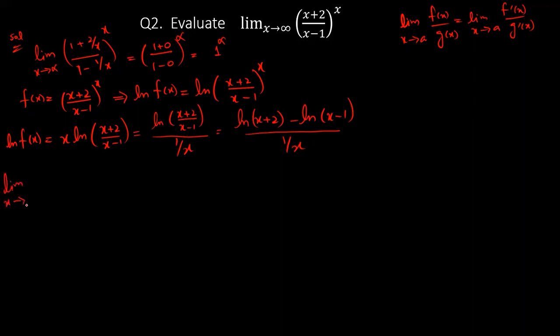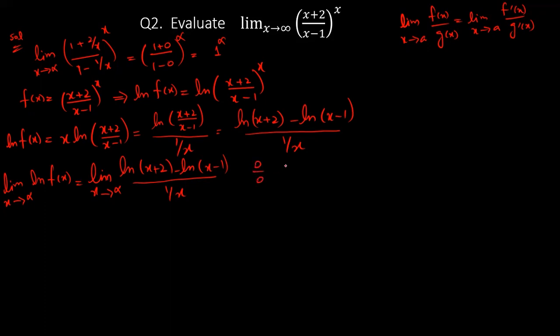As x approaches infinity, natural log f of x will equal the limit as x approaches infinity. Now take the derivative of this function. Let's write it first in proper form, 1 by x. Now when we apply the limits, we will get a 0 by 0 form.